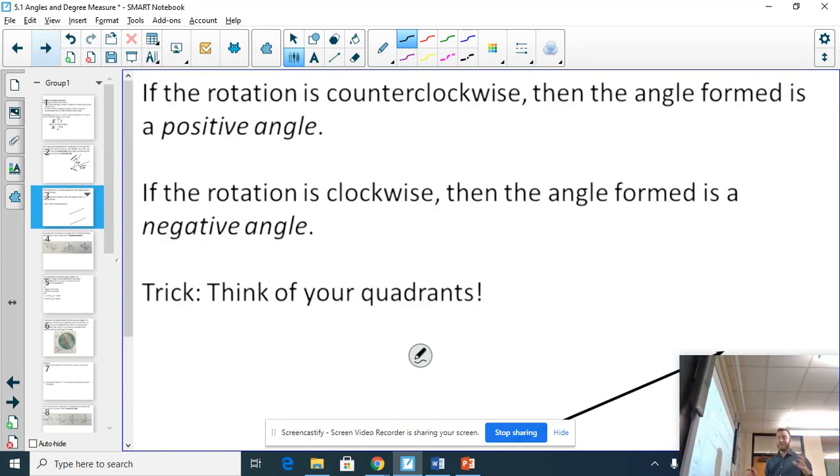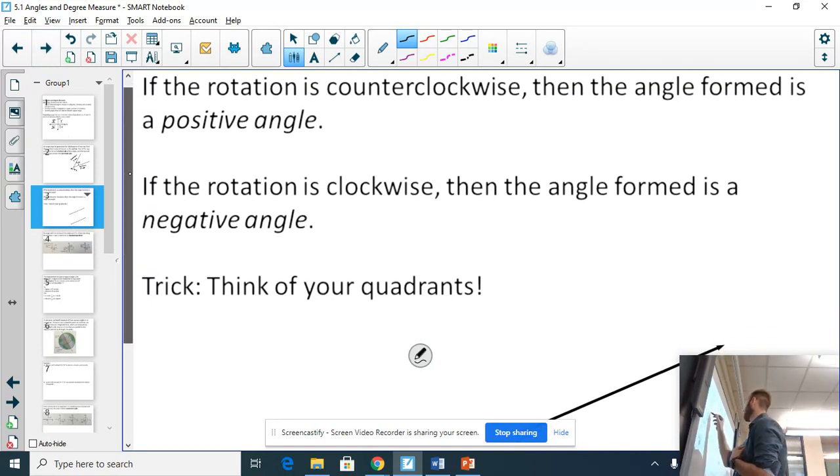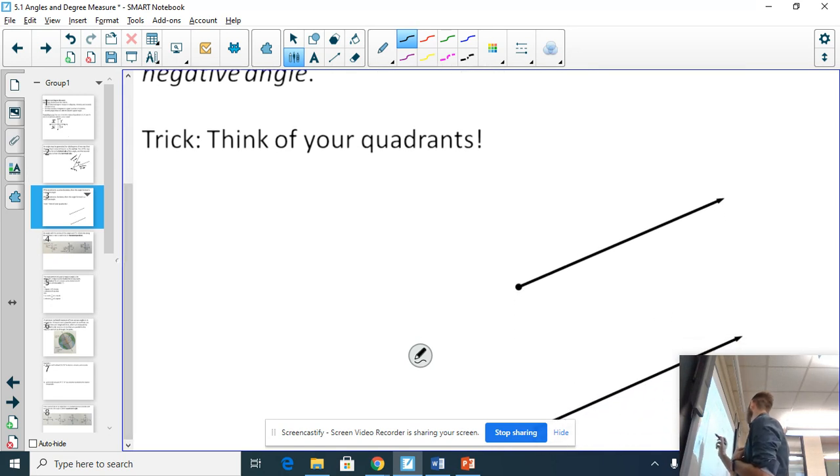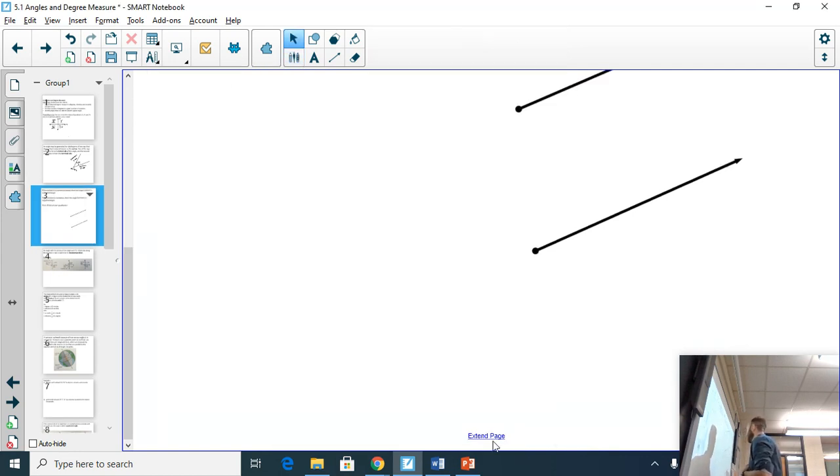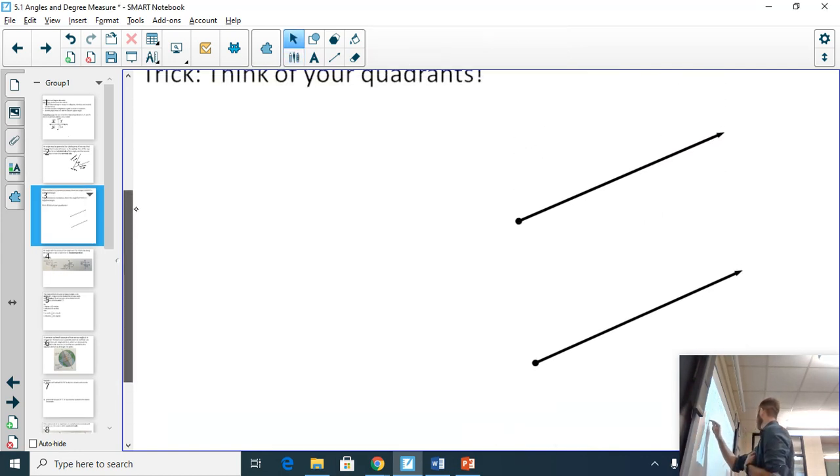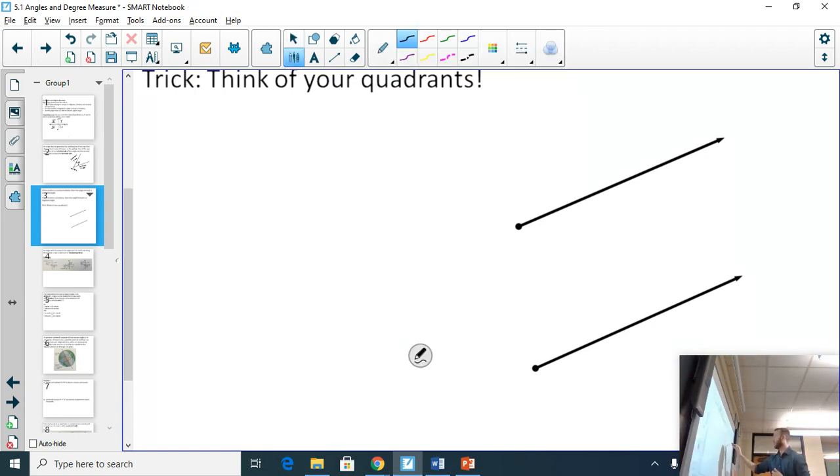Now, if the rotation is counterclockwise, then the angle formed is positive. But if the rotation is clockwise, then the angle formed is negative. Now I have a little trick there, and I'll explain what I mean in a second. So if this was our initial side, this first one up here, and then we rotated it out counterclockwise, right?